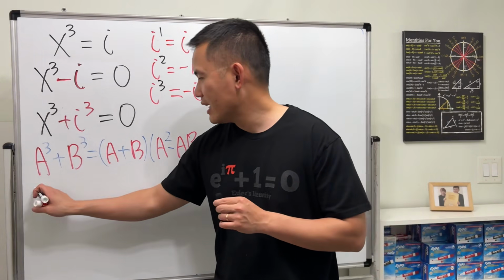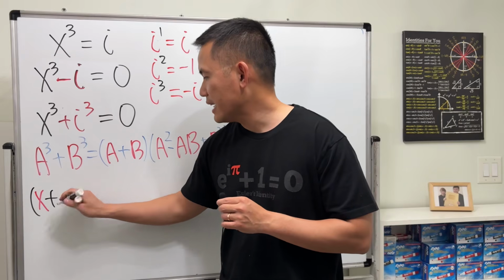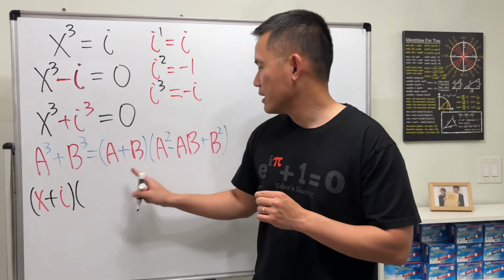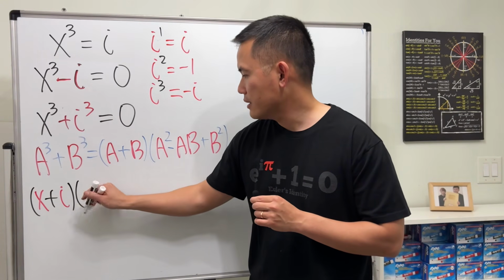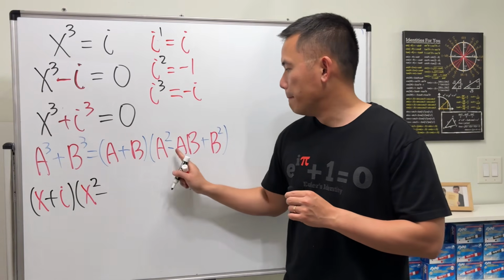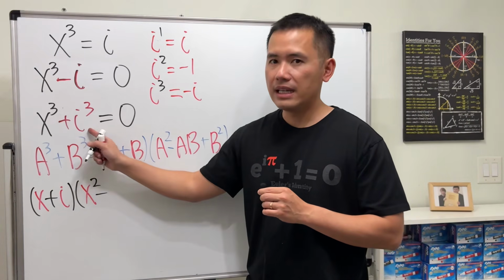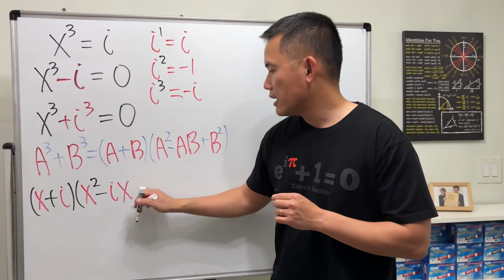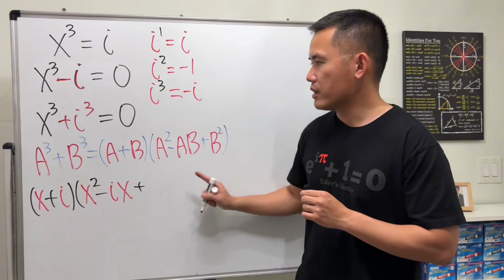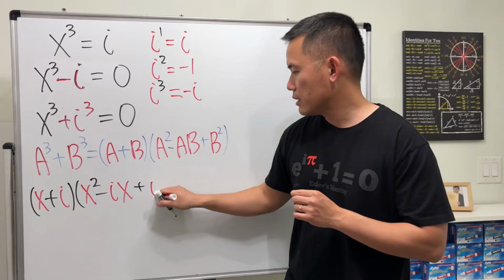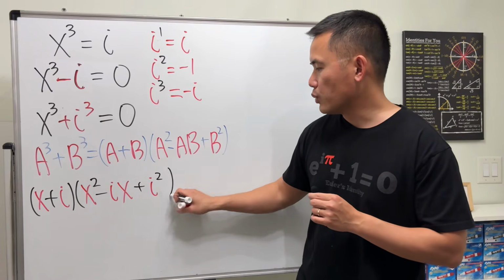Factor it, we will get x plus i times, next we have x squared minus ab, so just this times that. Let me write it as ix. Lastly, we add b squared, which is i squared. And I'm going to put that as -1 later.